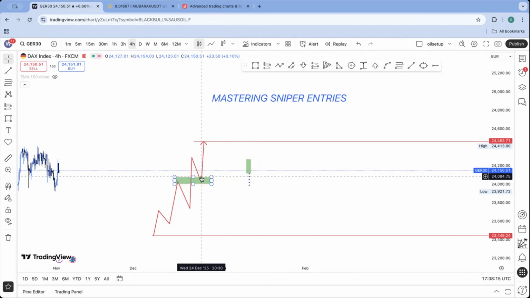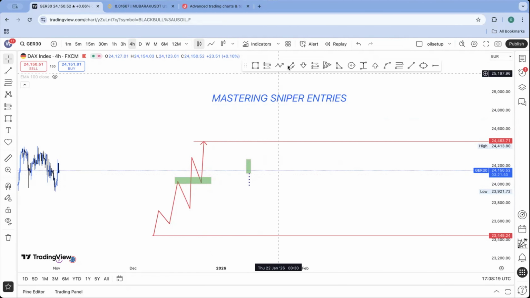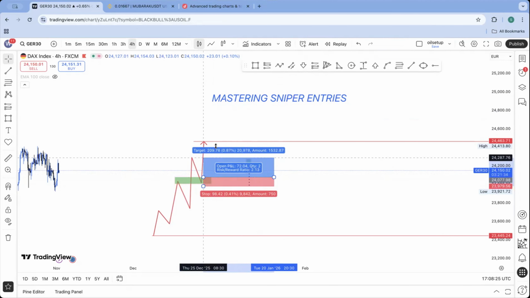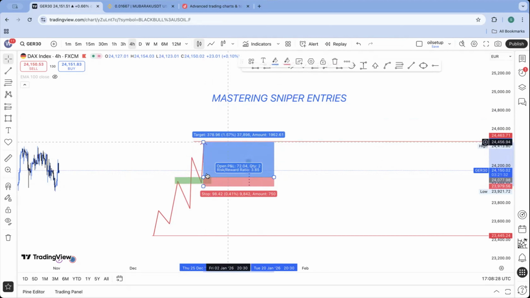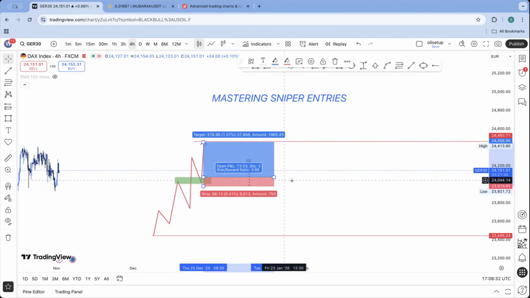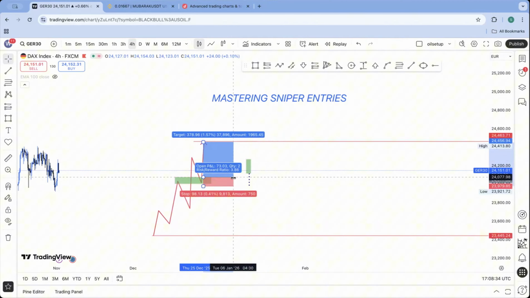Then we spot them right inside our POI, and then we take our buy from the zone, with targets at the next high or any major level, and put our stop loss right below the range. And then we wait for the market to do its own thing.